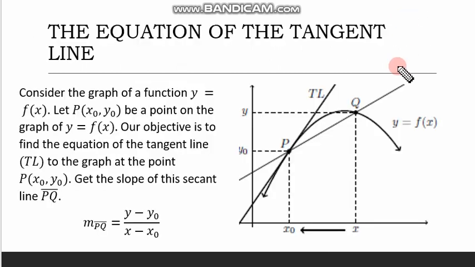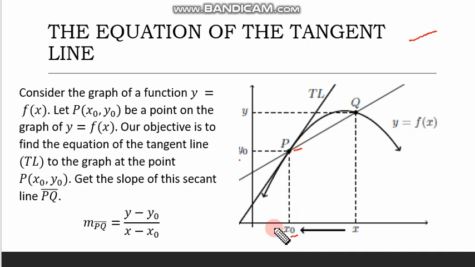So having knowledge of the point slope form of a line, we can also get the equation of the tangent line. Consider the graph of a function y equals f of x. Let point P at x sub 0 and y sub 0 be a point on the graph of our function.